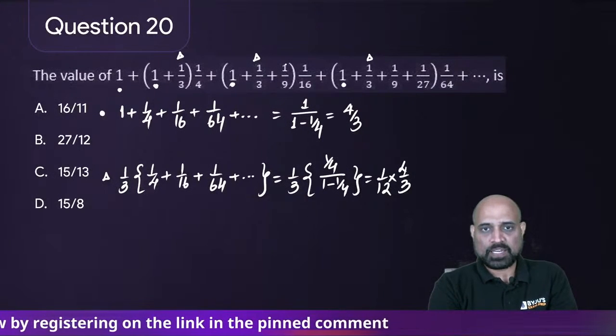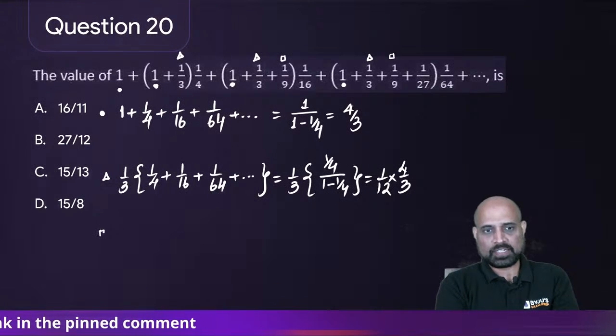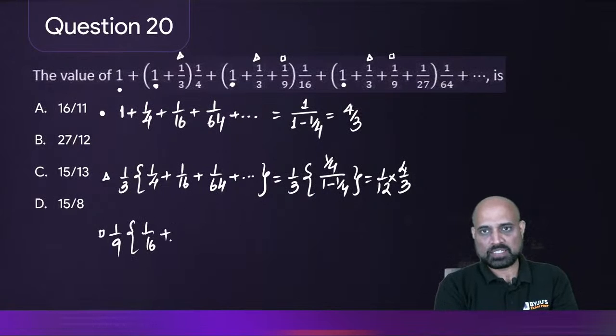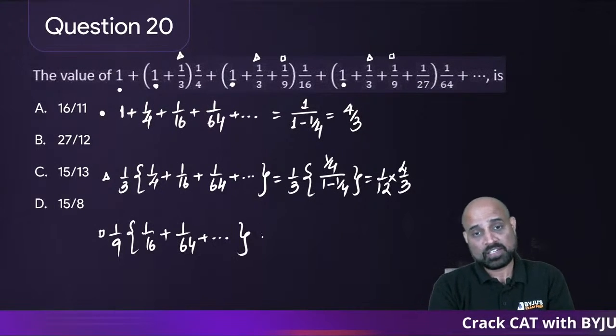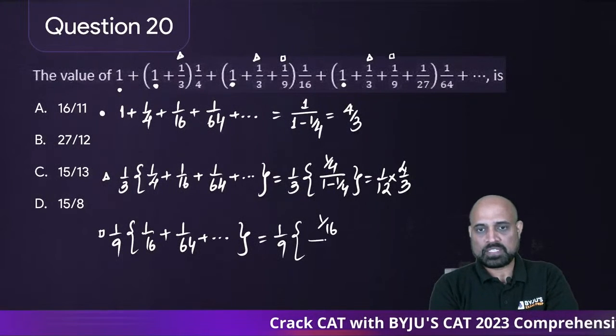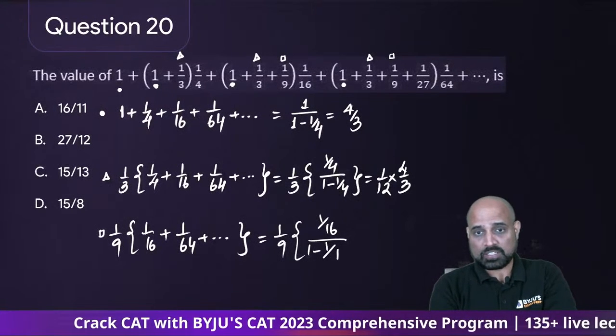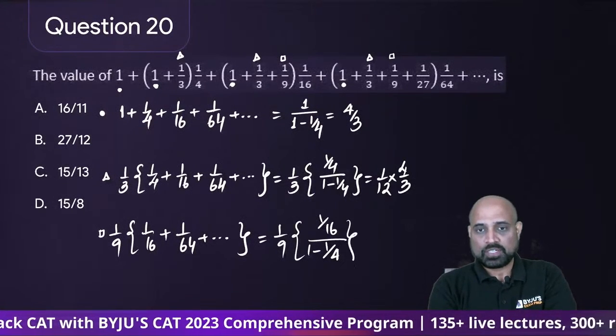Next, if I pick up the terms with 1 by 9, 1 by 9 is outside. I'll get the first term as 1 by 16. The next one is 1 by 64. And this is also an infinite GP. So 1 by 9 बाहर लेते हैं. The first term is 1 by 16 and the common ratio is still 1 by 4, right?